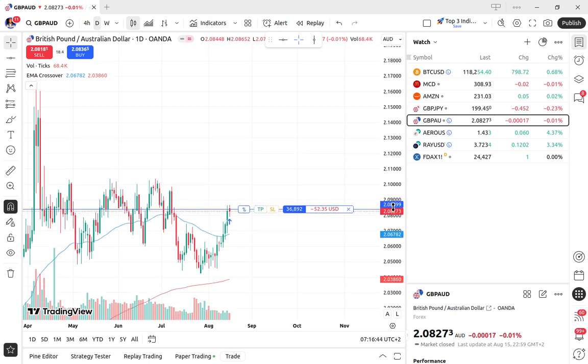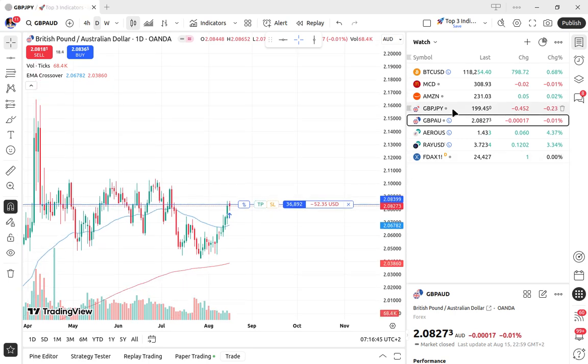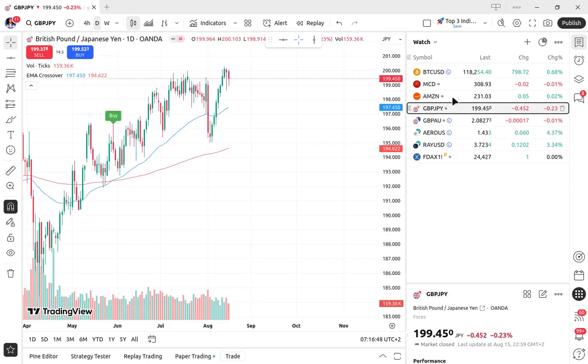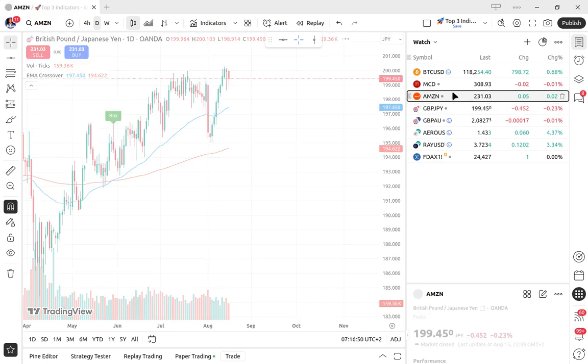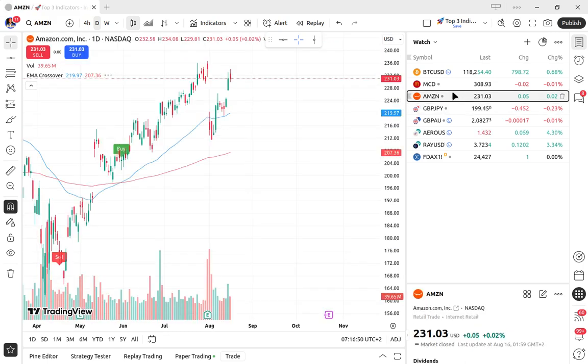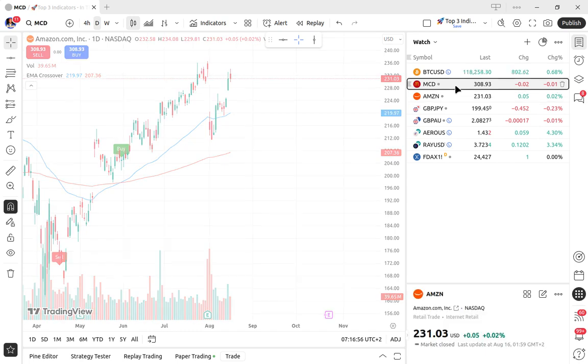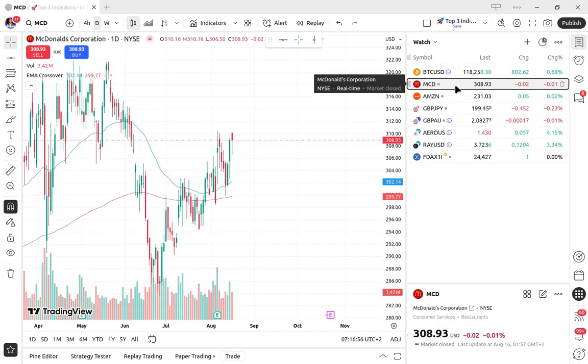We are all above the 50-day moving average and the 200-day moving average. Which means they are all trending.